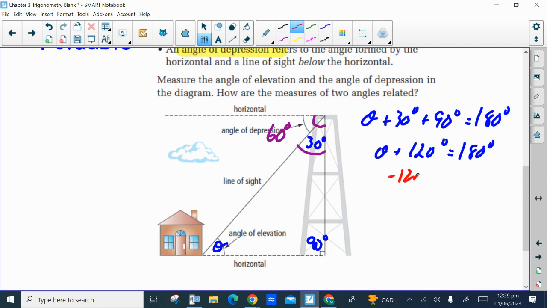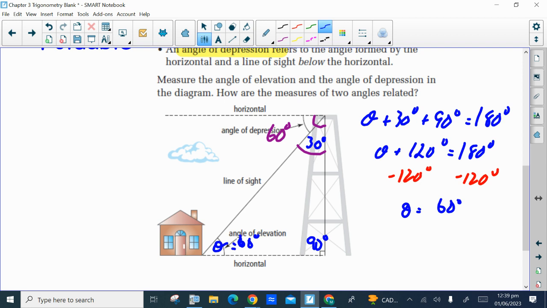And then we'll subtract 120 degrees from both sides to get theta by itself. 180 minus 120 is 60 degrees. The angle of elevation equals the angle of depression. The difference is that the elevation angle is inside the triangle, whereas the depression angle is outside.